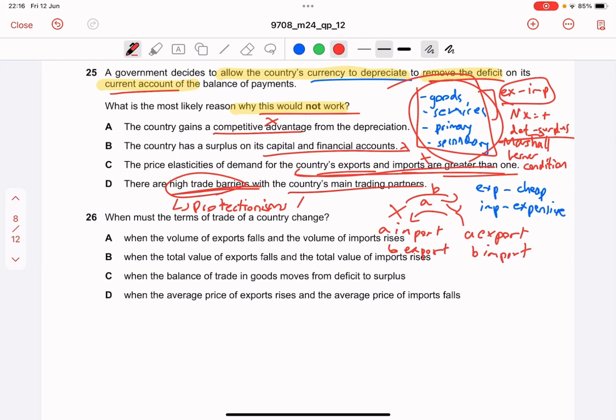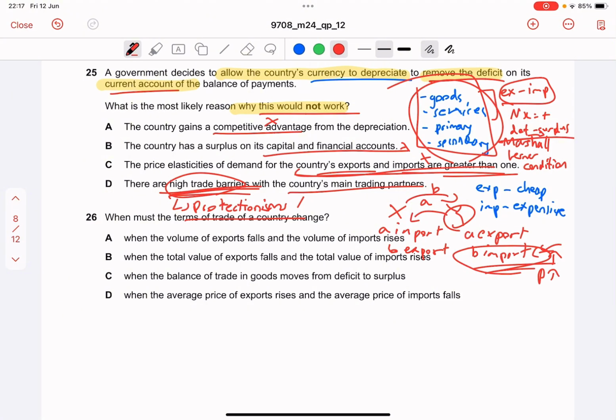So that basically means that there are high trade barriers, protectionism methods could mean tariffs, embargoes, quotas, which will affect the imports. So if, for example, a tariff is placed on country Y's imports, because there are higher trade barriers in my trading partner, which is country Y, that means that the price of imports will increase, which makes it more expensive.